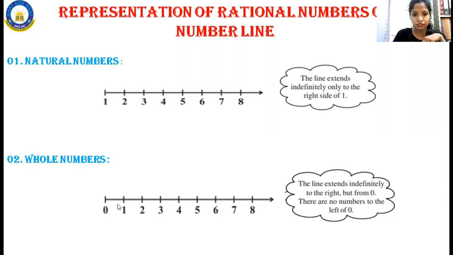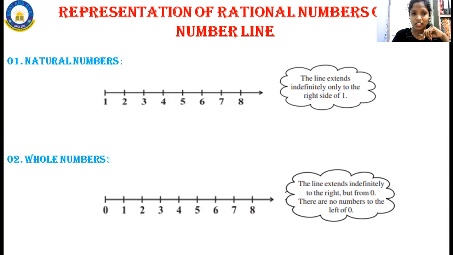You can observe in the line itself. On the right side of 0, you have plenty of numbers. Indefinitely it's going to continue. How do you get to know it's going to continue indefinitely? Because of this arrow mark. And to the left hand side of 0, the line will not continue. So this is about the representation of whole numbers on the number line.